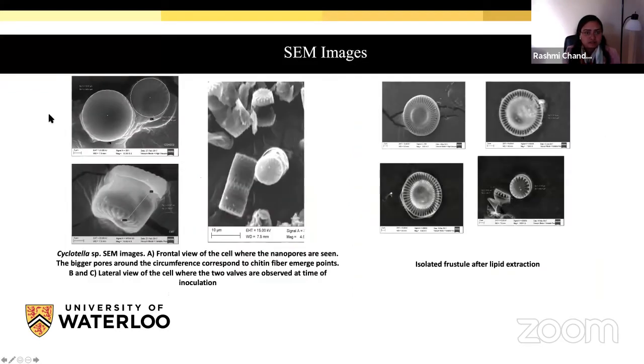This is the picture I'm talking about. Towards the left side is the whole diatom frustule with all the biomass intact. But once we extract the biodiesel and take the frustules, 80% of the biomass is gone.